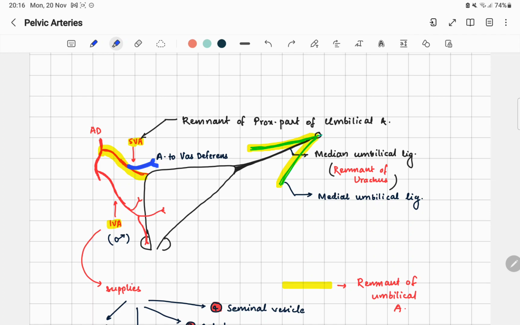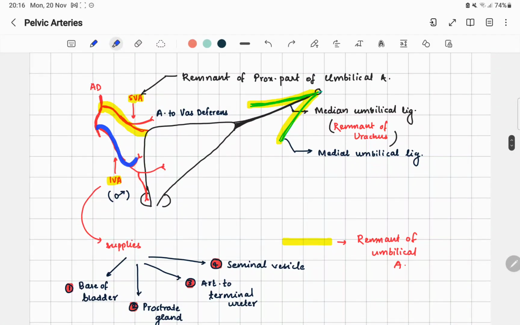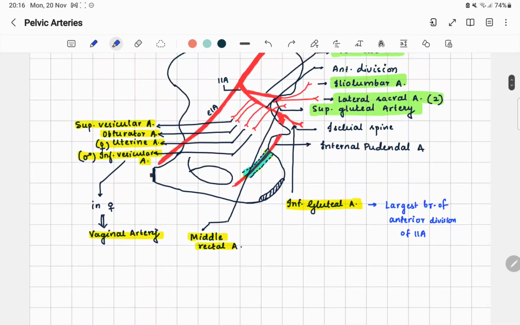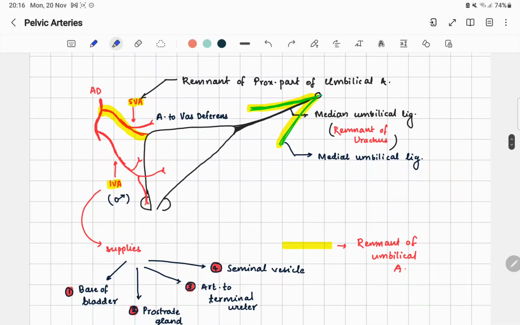This SVA also gives an artery to the vas deferens and supplies the urinary bladder. The inferior vesicular artery, IVA, in males, gives branches to the ureter and to the prostate gland.